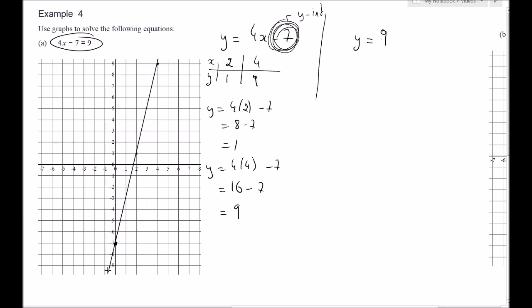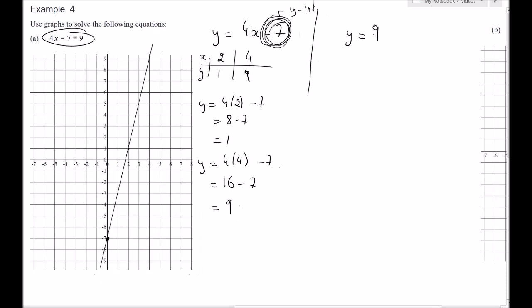When you draw the line, you move it around a bit. Obviously you guys can be a bit more accurate, you have pencils. Okay, it's important that you don't forget to label your graph. So you drew it on, so it's going to be y is equal to 4x minus 7.